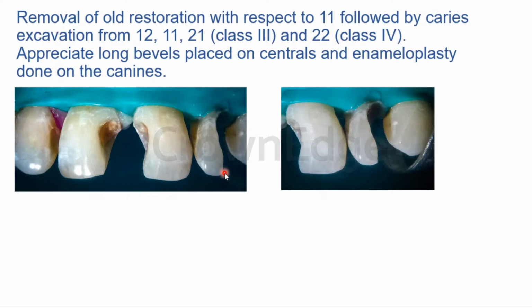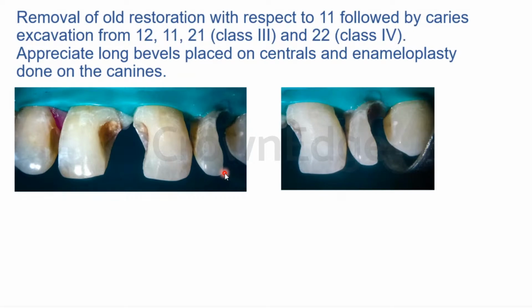Okay, that is the difference between a class 3 and a class 4. That is the reason why I wrote class 3 for 1 2, 1 1 and 2 1, because her natural contours itself are like, in this I would say it's a borderline class 4 kind of situation, but a proper class 4 in 2 2 in this area. All right. Great. So I hope that was helpful.